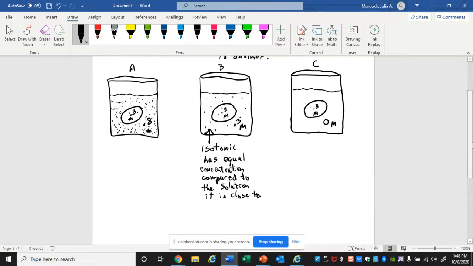So as a result, what's going to happen to this red blood cell over time? Is it going to shrink, grow, stay the same?